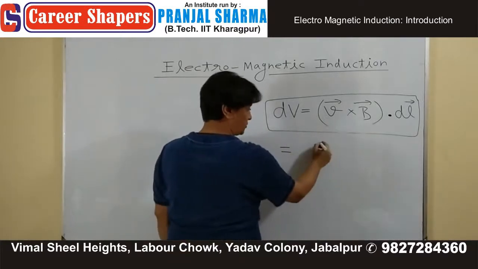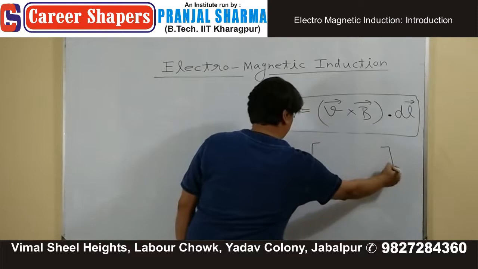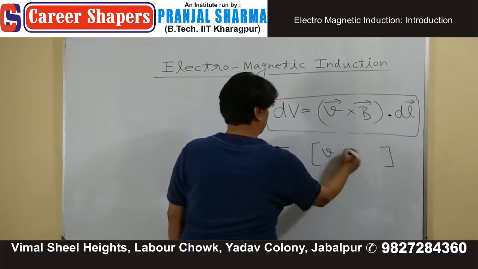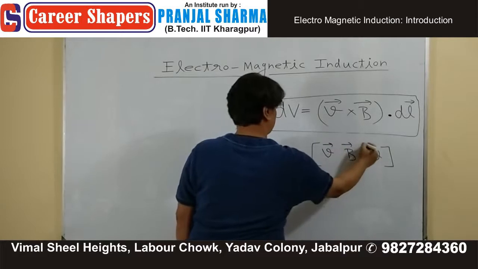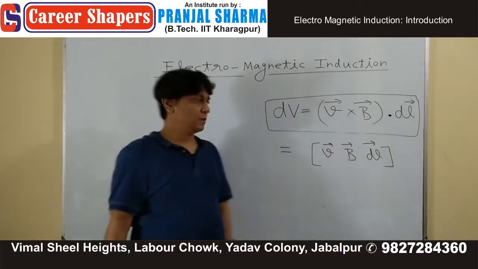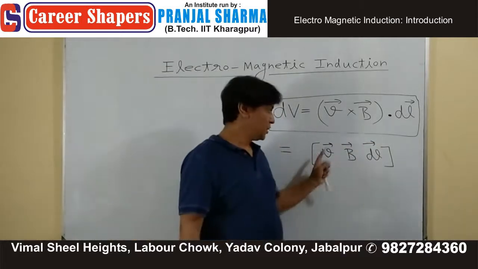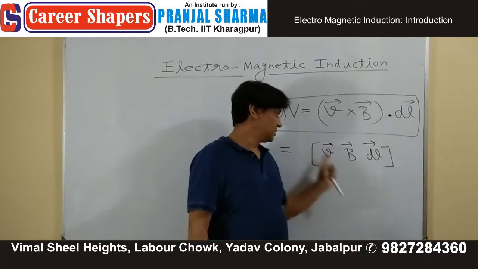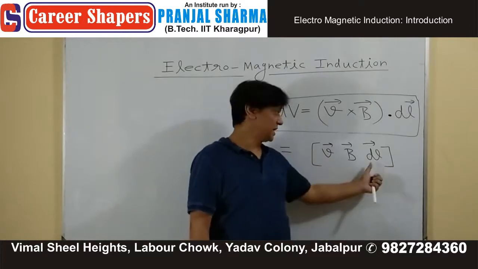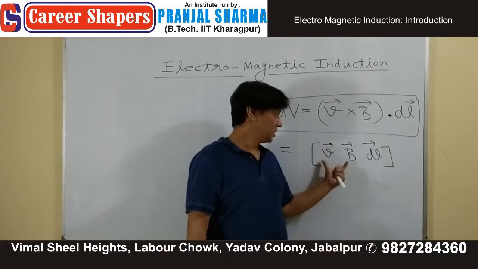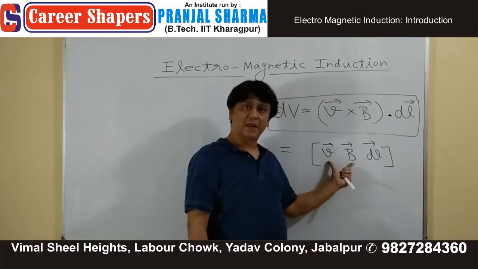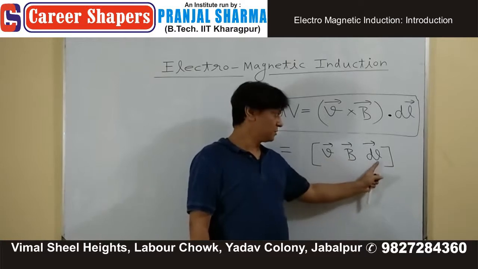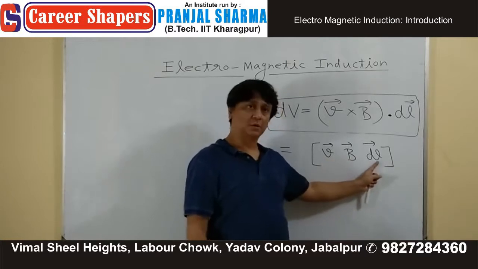This whole thing, first of all, is represented in this form. V, B, dl. So when you keep these three vectors inside these square brackets like this, it tells us what? Take cross product of first two and then finally take dot product with the third one.